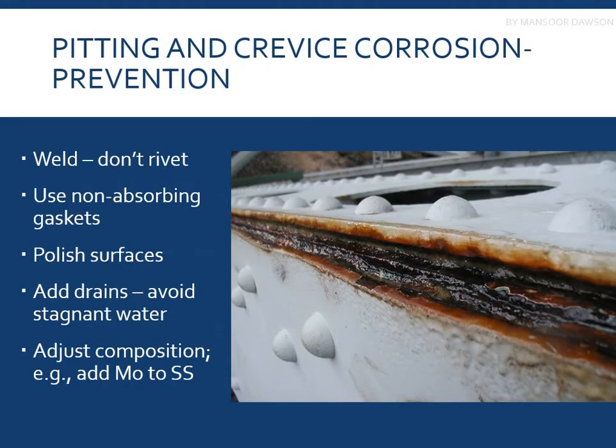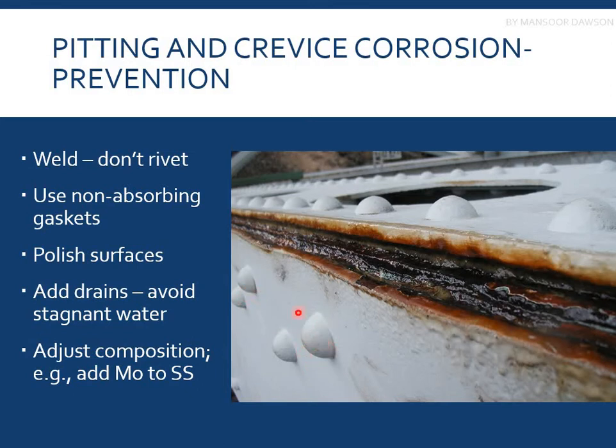So how can you prevent it? You should not join your part with rivets, screws, or nuts and bolts if you know that your part would be exposed to a very high corrosion environment. You should directly weld your part rather than rivet it or use nuts and bolts, since they may have small openings, as you can see over here that this part is riveted.